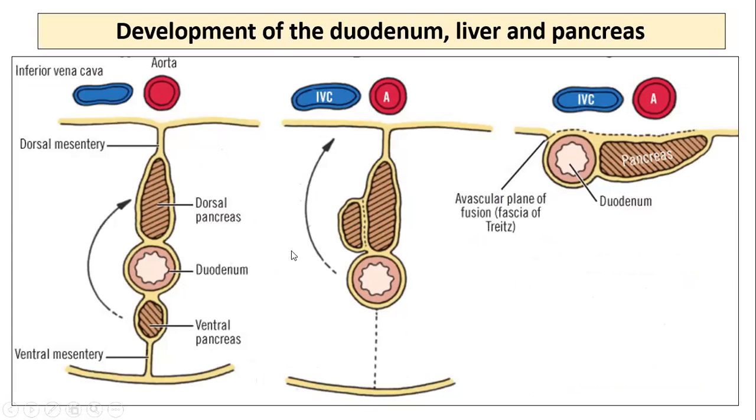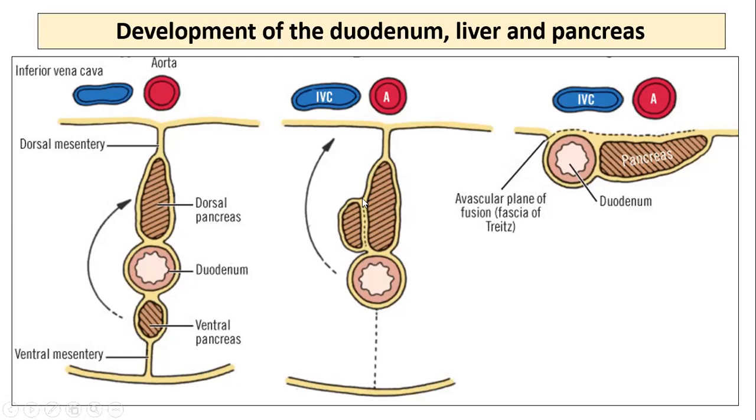Now the duodenum, which had a dorsal mesentery, starts rotating with the rotation of the stomach, and it goes behind the peritoneum. Now it becomes retroperitoneal, totally attached to the posterior abdominal wall. This is the posterior abdominal wall, and this is the anterior abdominal wall. Initially it will have two mesenteries, ventral and dorsal.